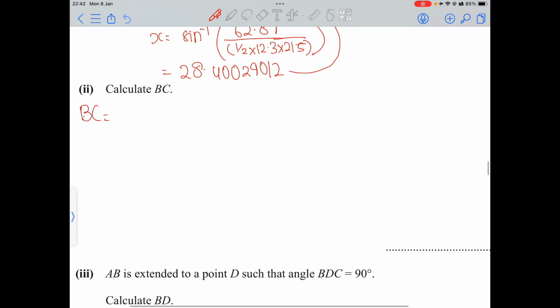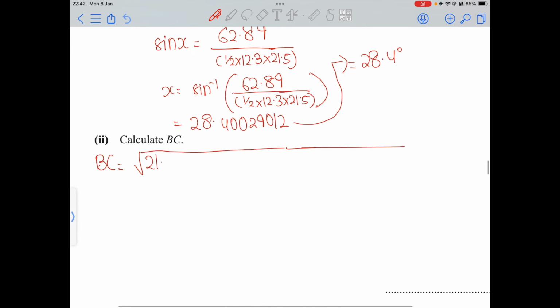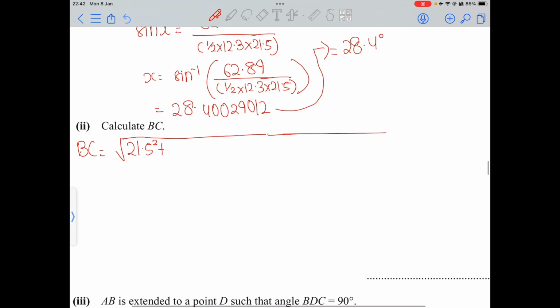BC will be equal to the square root of b squared plus c squared minus 2bc cos a. So it's the square root of 21.5 squared plus 12.3 squared minus 2 times 21.5 times 12.3 times cos of 28.400290012.